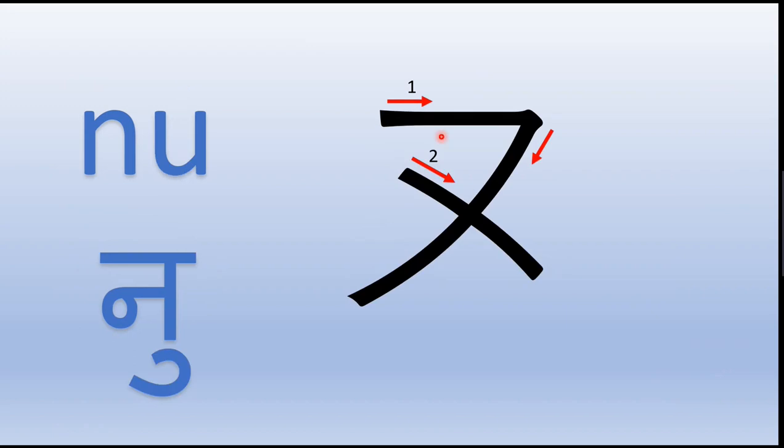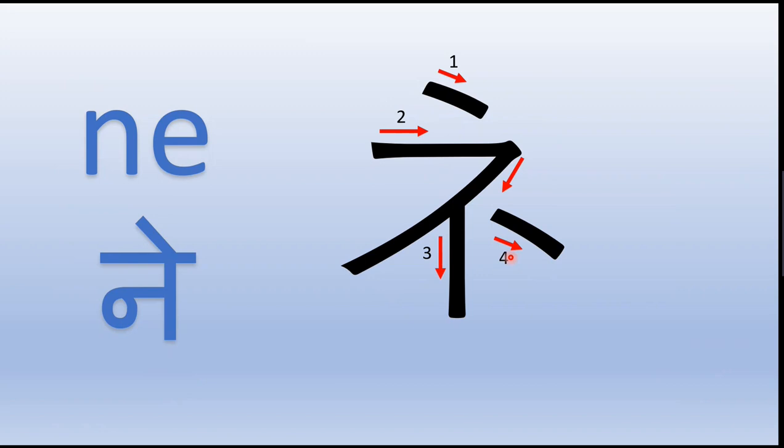Nu, we have to write in two strokes like this. This is the first stroke, and this is the second stroke. Ne is a bit complicated. First is this stroke, the shorter one. Then we have a horizontal stroke and it continues like this as the second stroke.